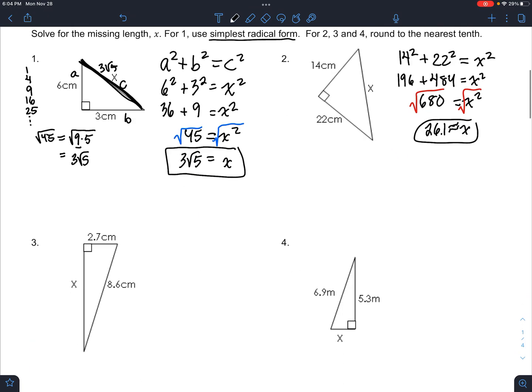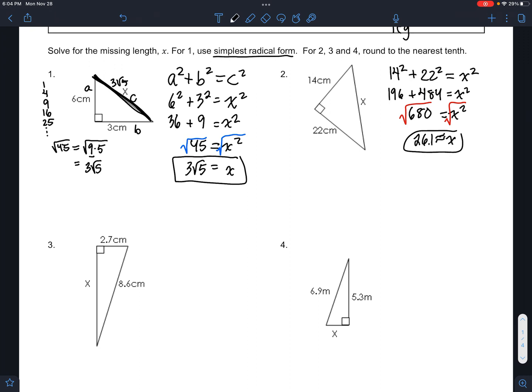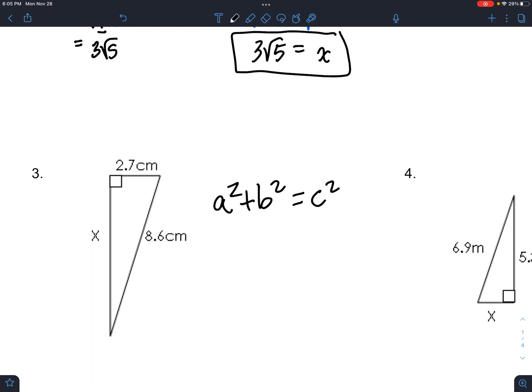Keep in mind that x is not always over here. I'll set this one up for you, and then we'll move on to the next question. But in this case, this is c. So it can be the case where you have a setup like this, and the x squared is kind of in the middle somewhere.